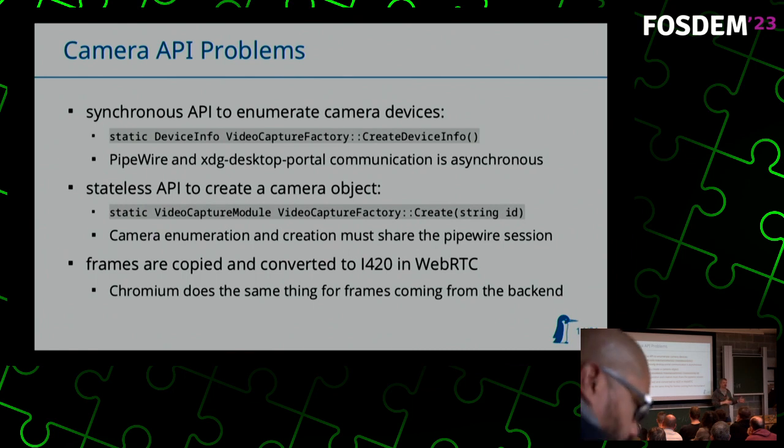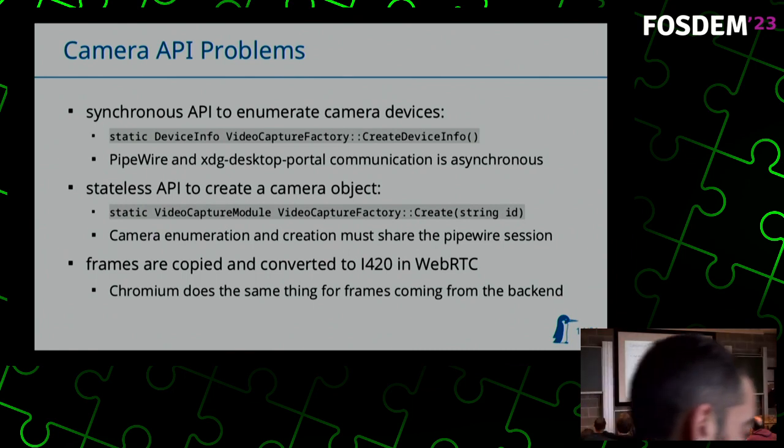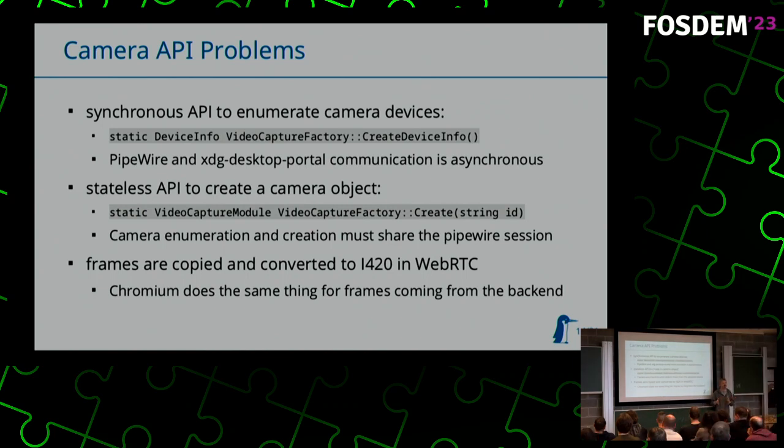And on the other end of the API, the frames that came out of the stack were already converted to I420, some pixel format, and this included a copy. Basically, WebRTC took the raw frame from the camera, converted or copied it to the new format, and then handed it out to the browser.